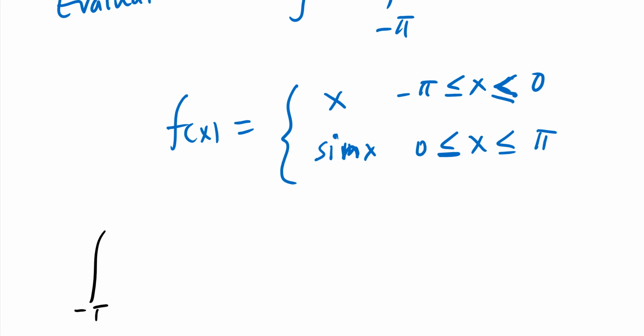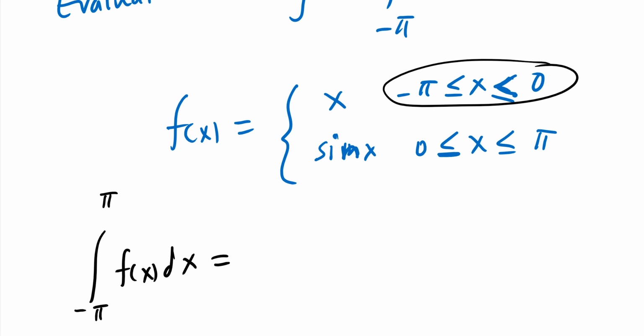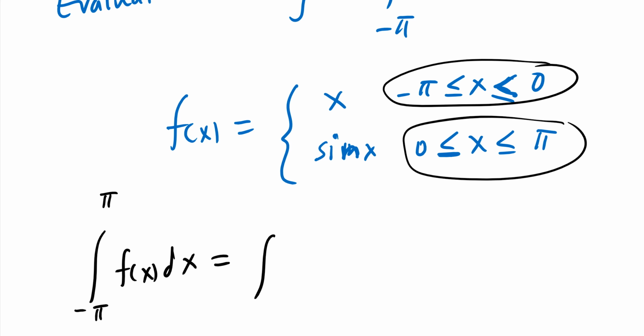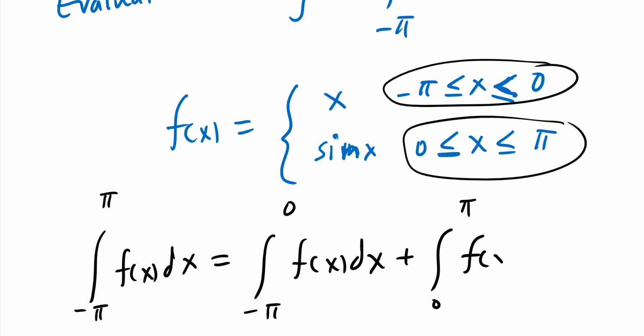They ask us to evaluate from negative pi to pi the function dx. So what do we have here? We have two intervals. One from negative pi to 0 of f of x dx, and the other one from 0 to pi of f of x dx.